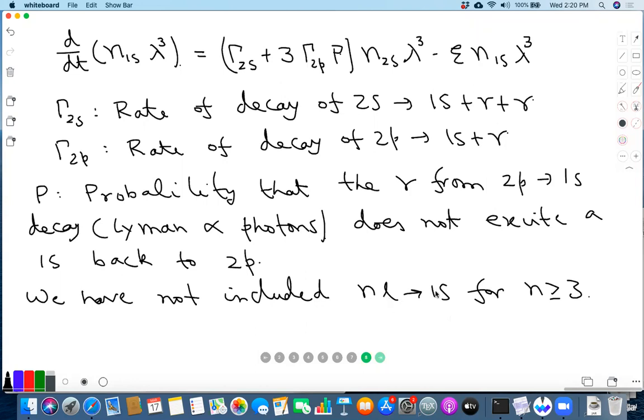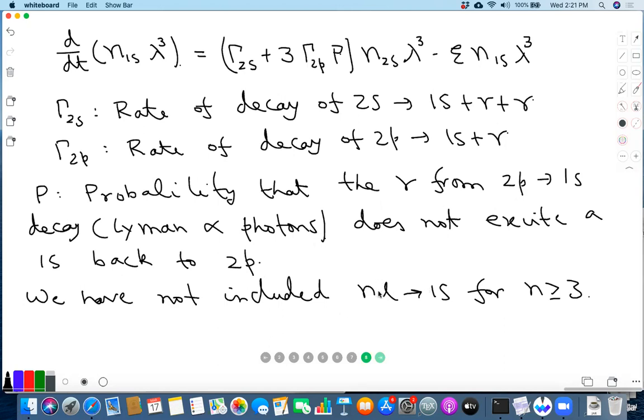Namely, if we have an nL to 1s transition, then the photon that is produced has higher energy than the Lyman alpha, which basically means that that photon is almost certainly going to eventually hit a 1s and raise it to 2p, because 1s to 2p costs much less energy than 1s to nL.